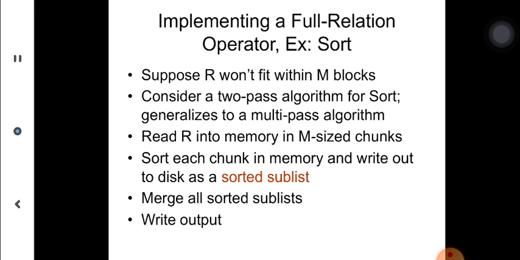Consider a two-pass algorithm for sort, which generalizes to a multi-pass algorithm. Read R into memory in M-size chunks, sort each chunk in memory, and write the output. Merge all sorted sublists and write the output.